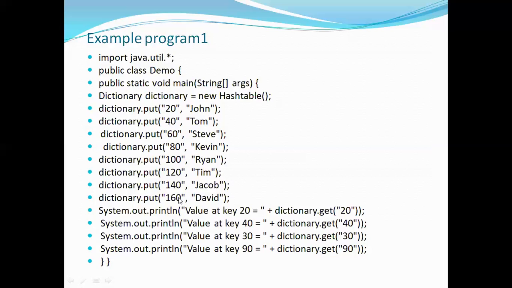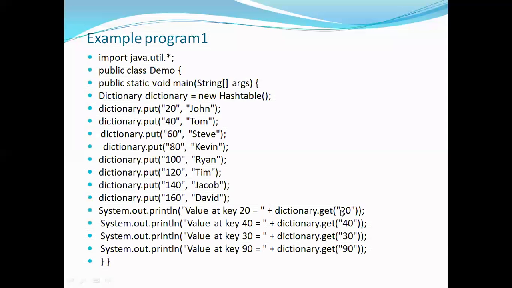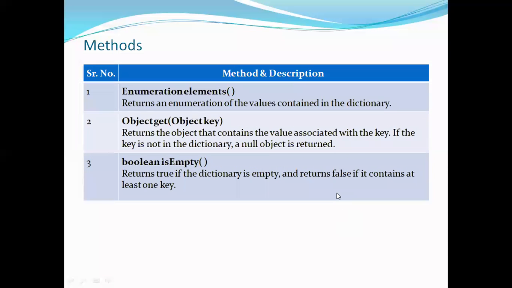Next, I'm printing the value at key 20. I want to know what the value is at key 20. For that, the method I'm using is dictionary.get with a particular key. This is the method: get(Object key). It returns the object that contains the value associated with the key. If the key is not in the dictionary, a null object is returned.